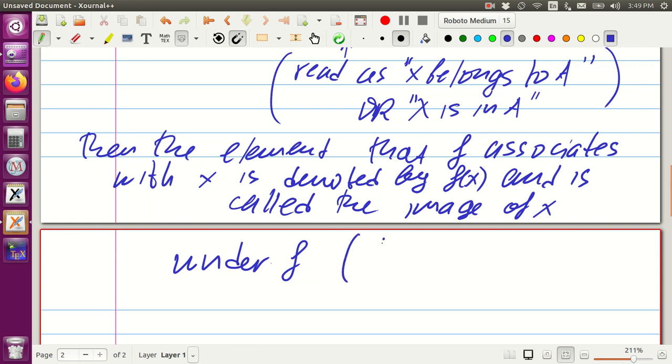Or we can think of it as the value of f at x. We can think like this.